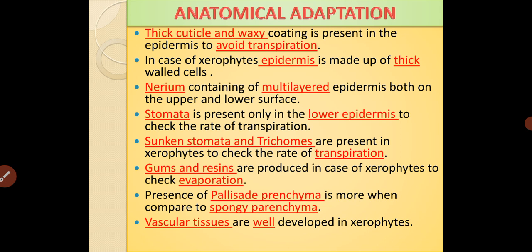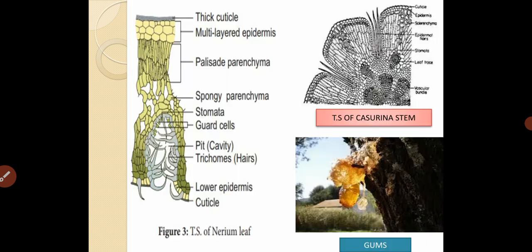Stomata is present only in the lower epidermis so that it checks the rate of transpiration. Sunken stomata and trichomes are also seen in xerophytes, which check the rate of transpiration. Gums and resins are produced in xerophytes. It also checks the evaporation. Presence of palisade parenchyma is more when compared to the spongy parenchyma. The vascular tissues are well developed in case of the xerophytes.